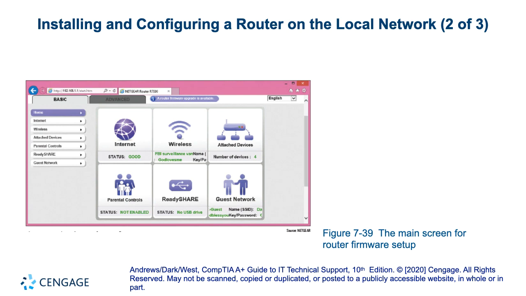Those are typically default IP addresses for home SOHO routers. But you can see you can manage your internet, you can manage the wireless, you can manage attached devices, you have some parental controls, got the file sharing ready to share, you can have a guest network, and that's just the basic. And then the advanced tab has even more features like your firewall and things like that. But this is just a typical SOHO router configuration page.